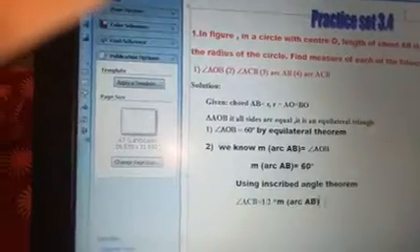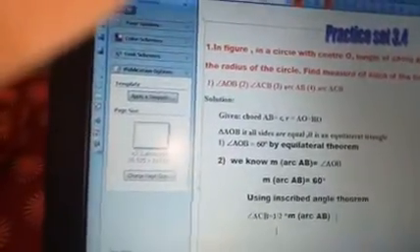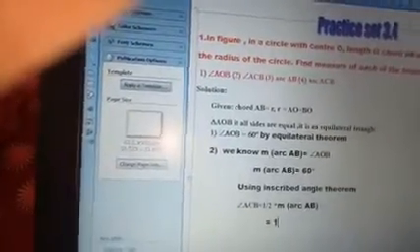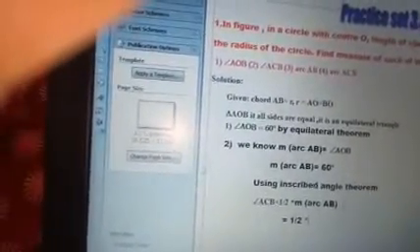Then we know the value of arc AB. How much is the value of arc AB? 60 degrees.